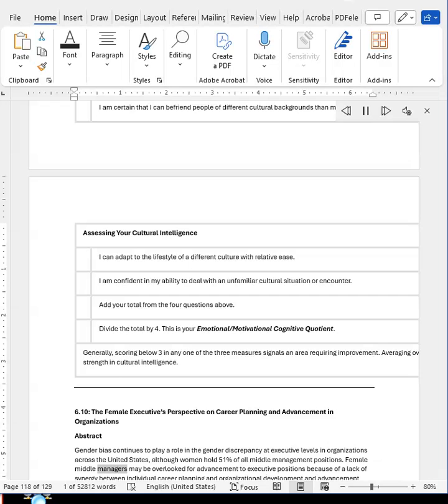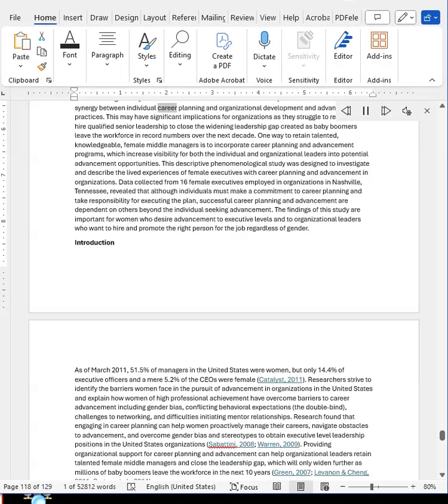Female middle managers may be overlooked for advancement to executive positions because of a lack of synergy between individual career planning and organizational development and advancement practices. This may have significant implications for organizations as they struggle to recruit and hire qualified senior leadership to close the widening leadership gap created as baby boomers leave the workforce in record numbers over the next decade.